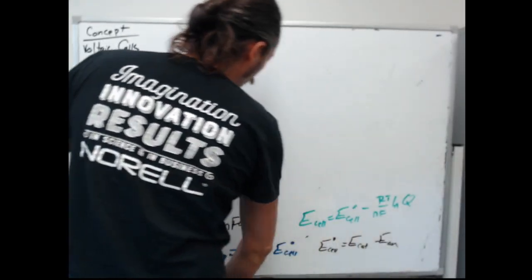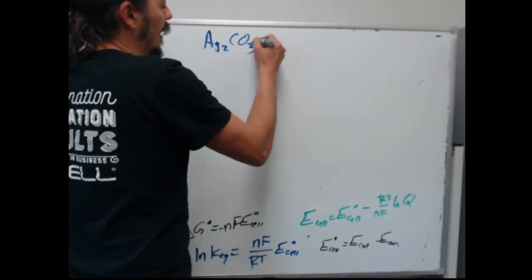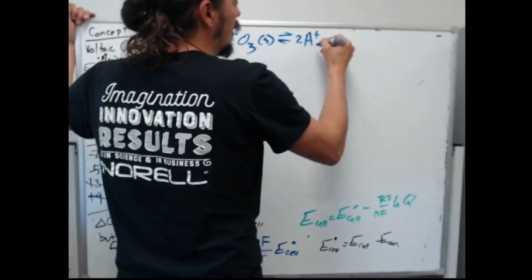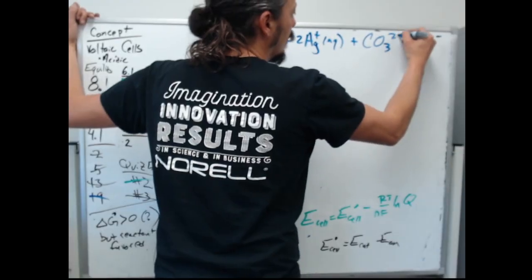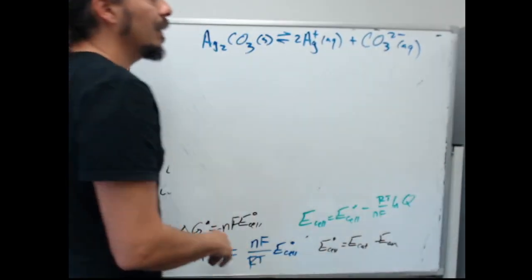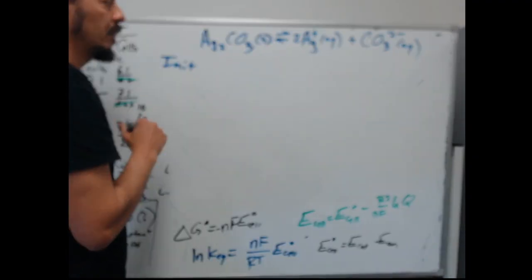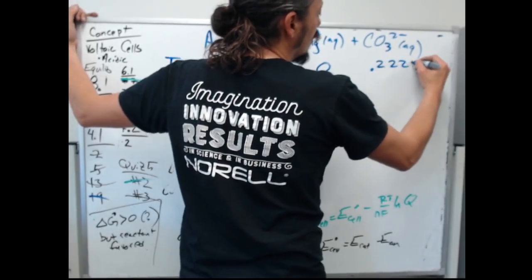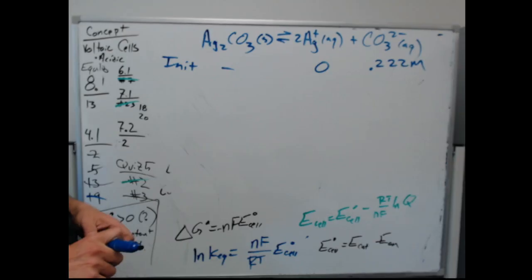Right, so we first saw the common ion effect with the silver carbonate example. If we were going to do 2Ag plus aqueous plus CO3 2 minus aqueous, not into water, but into a carbonate solution, that's where we get like 0.222 molarity of carbonate already present.